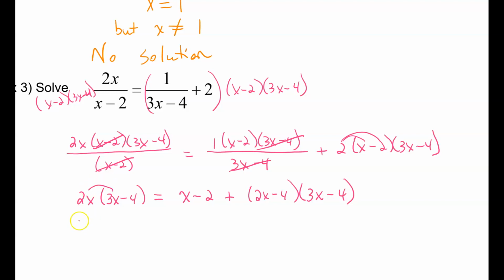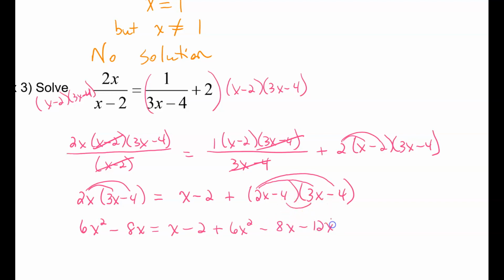So this first one here, 6x squared minus 8x equals x minus 2 plus, I get 6x squared here minus 8x minus 12x plus 16.